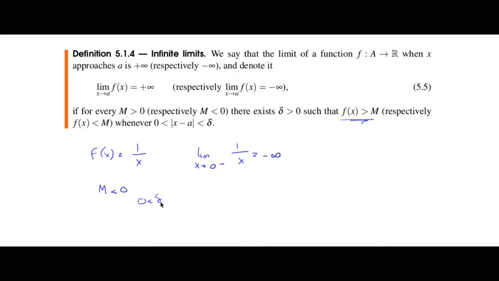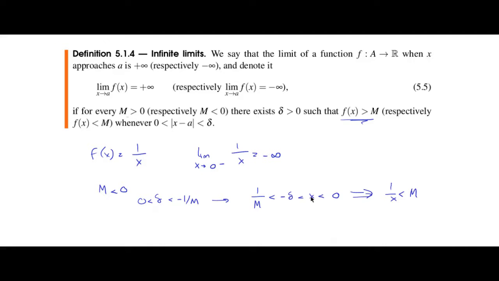So let's choose it like this: if m is smaller than 0, delta is smaller than 1 over minus m. This implies that 1 over m is smaller than minus delta, which is smaller than x, smaller than 0, okay? And this implies that 1 over x is smaller than m, okay?